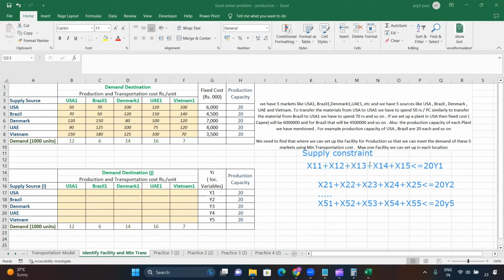Here you can see our source remains constant. What is the source? 5, 5, 5, 5, 5. Our source remains constant, but our destination is changing from 1 to 2 to 3 to 4 to 5.